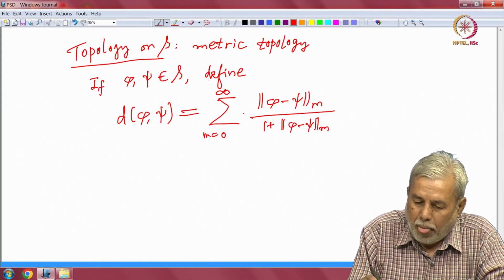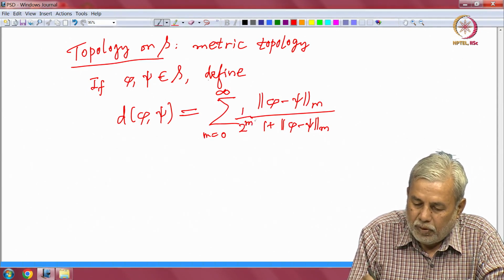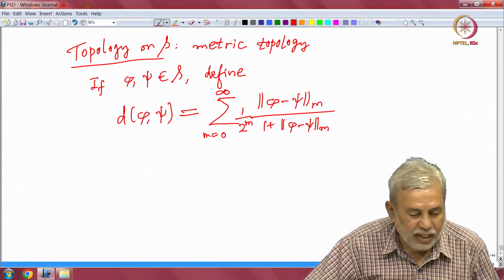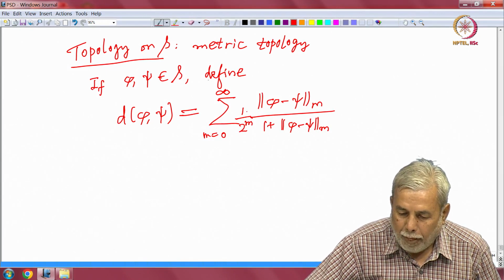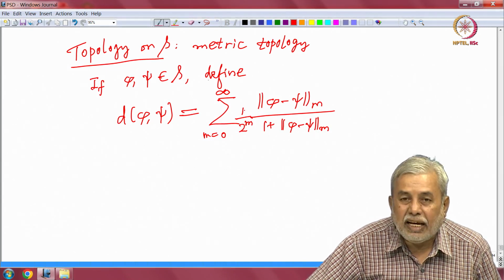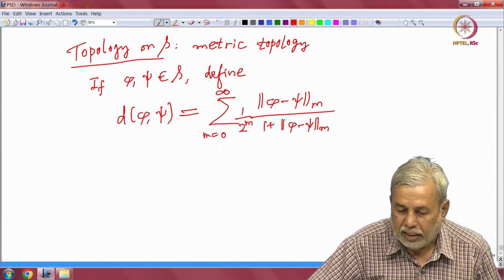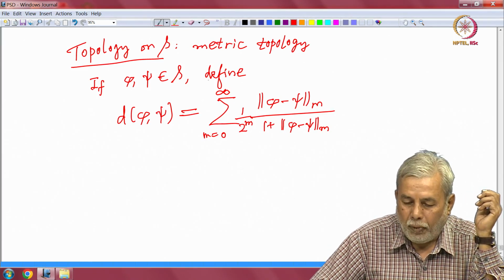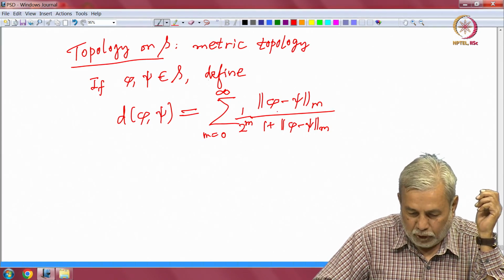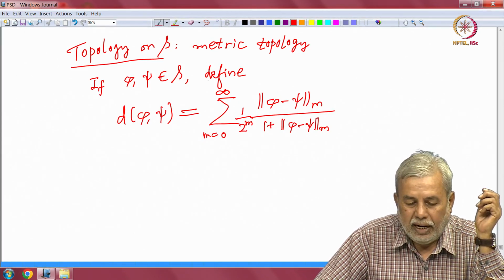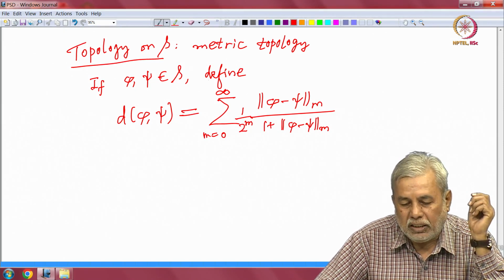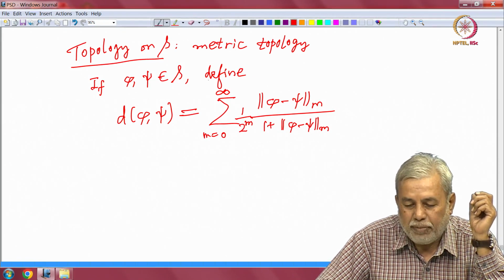So, you put a converging factor. Okay. So, we can again choose a different factor here, any convergent sequence. So, you can make that, so this is less than or equal to 1 by 2 to the m. So, it is finite. Okay. In that way it is possible that we get many different metrics, but all these metrics give rise to the same topology.